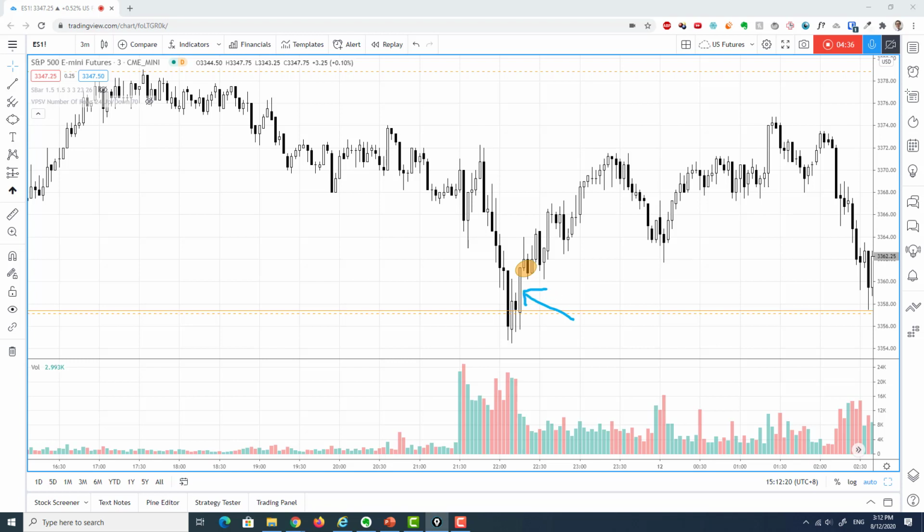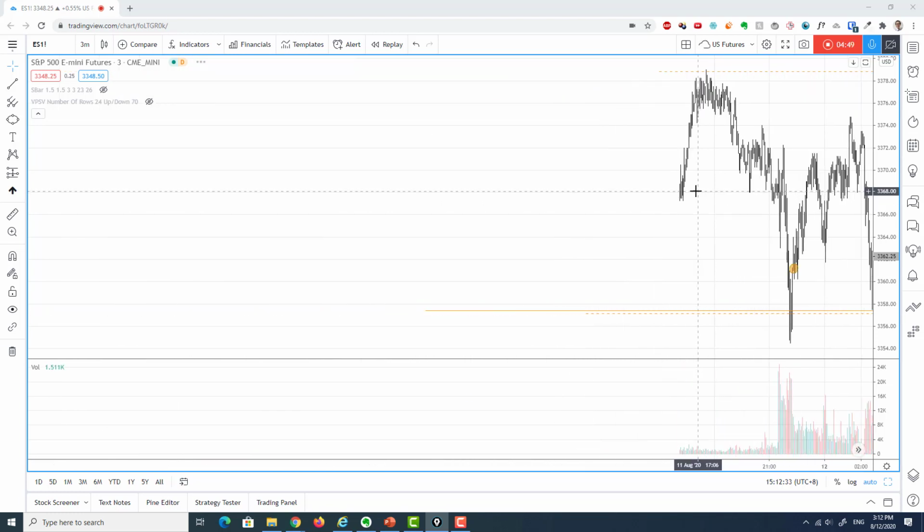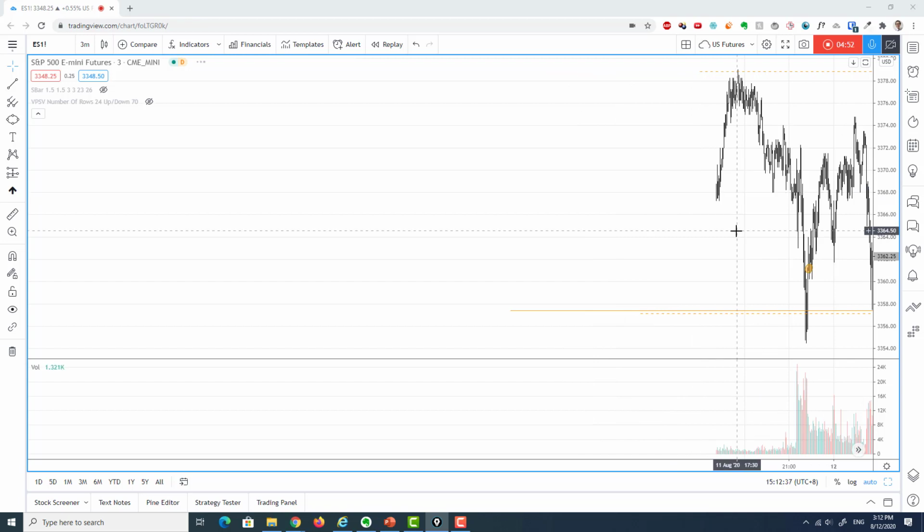Let me give you some background. The orange line that I annotated here was the previous swing high level. If I zoom out a little bit here, you can probably see it clearly. That's the swing high level.